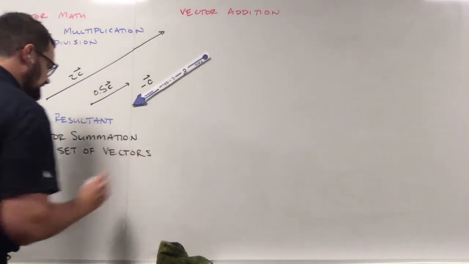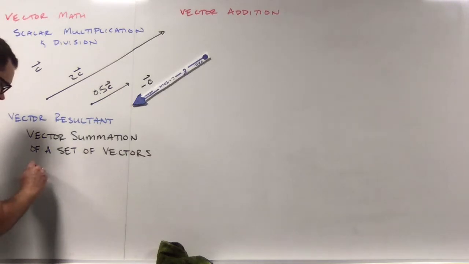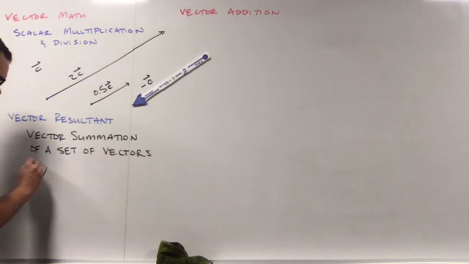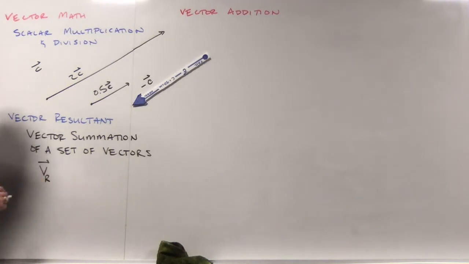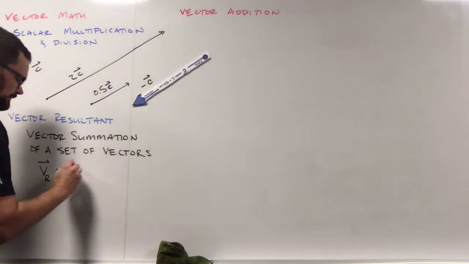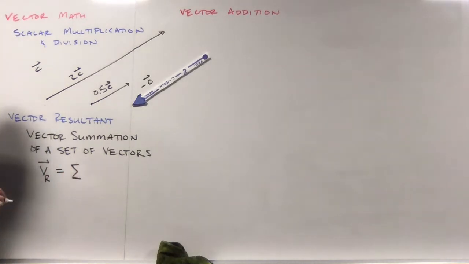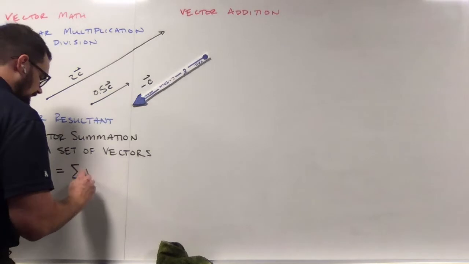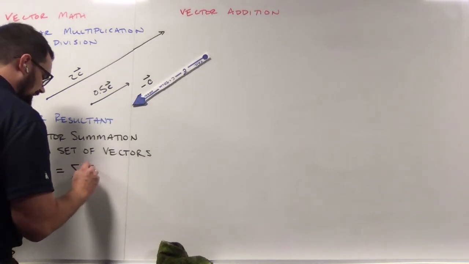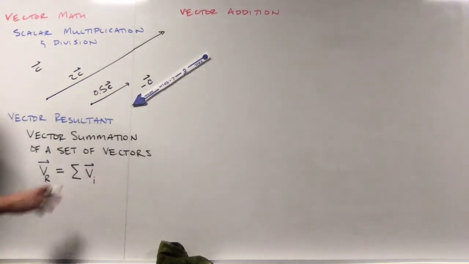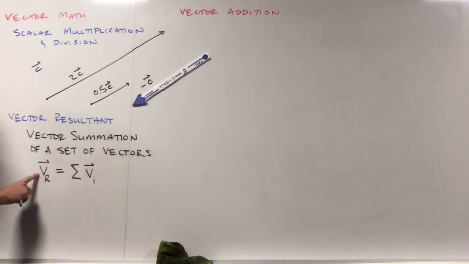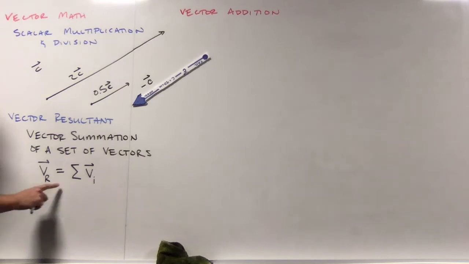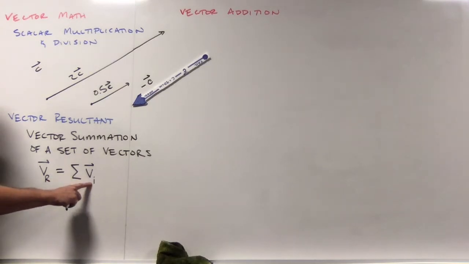And the way we would express this mathematically is we might have something like V with an arrow over the top to indicate our vector sub R, and we'd use that capital R for the vector resultant, is going to be equal to an uppercase sigma, that's meaning summation, of some collection of vectors I. And we'll notice it has the arrow over the top. And so the way we'd read this is the resultant vector is equal to the sum of the vectors.